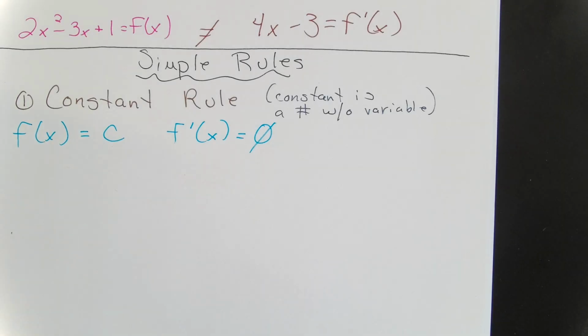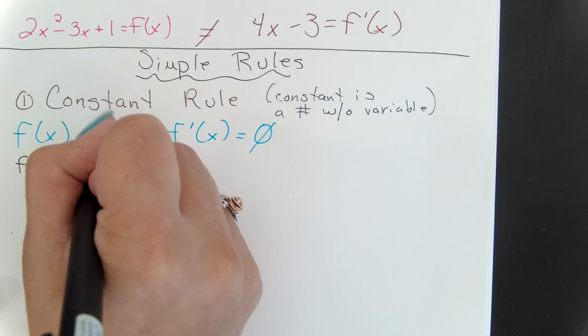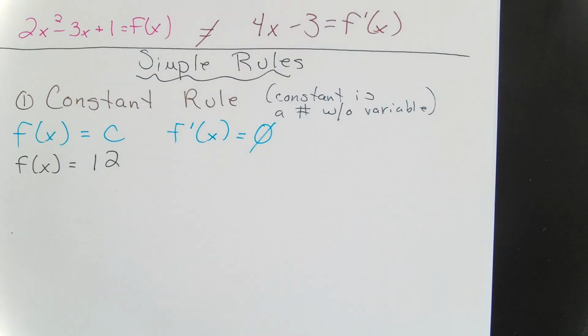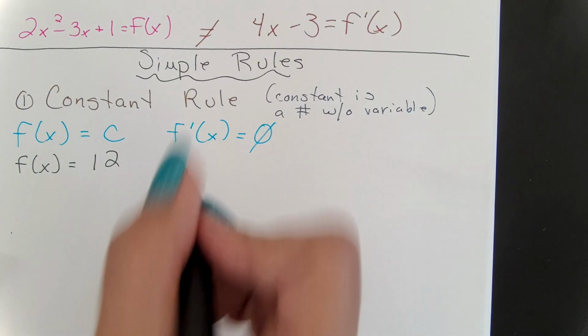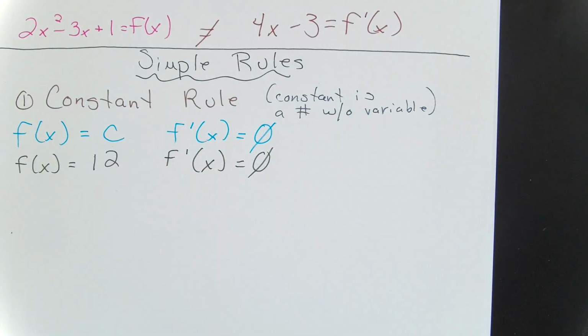So if I had f of x is equal to 12, and I'm trying to find the derivative, it is automatically 0. It is automatically 0 because it is a constant. It does not have a variable. Am I going too fast?